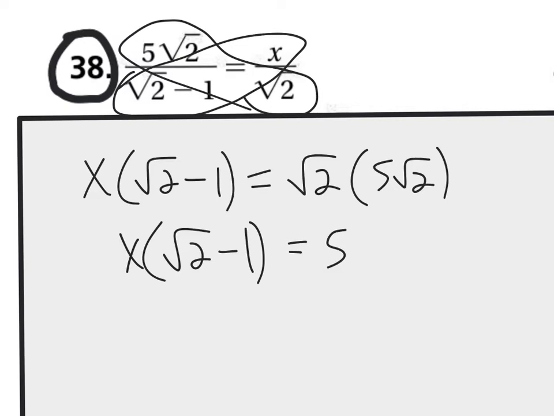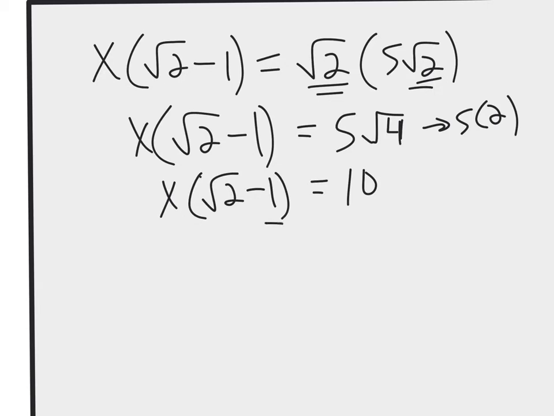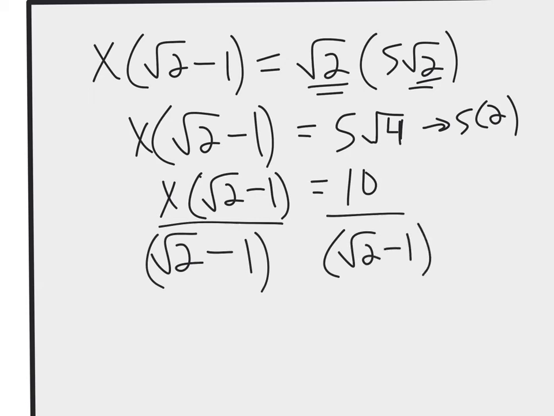And then square root of 2 times square root of 2 would be the square root of 4. Square root of 4 is 2. So over here we got basically 5 times 2, which is 10. And then at that point, whatever they're multiplying by, we can divide by that. And then that would be our answer.